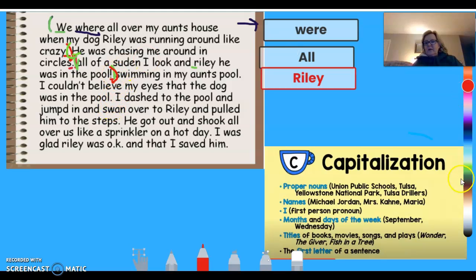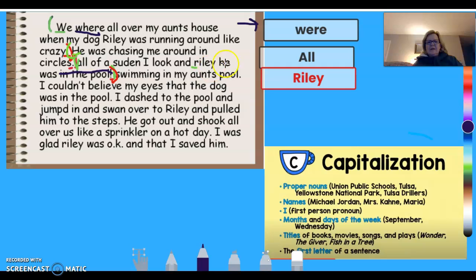So now I start here, go to green, swimming in my aunt's pool. Oh dear, that's not a complete sentence. So maybe I need to do a little change here. He was, so I'm going to get rid of that. And now I look and Riley, he was swimming in my aunt's pool.